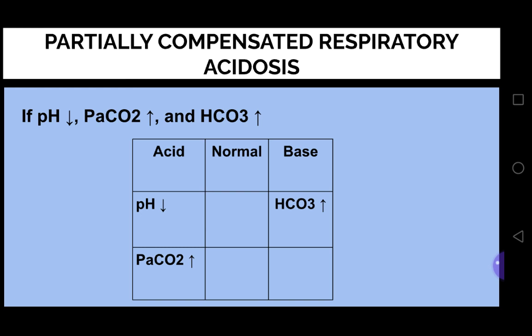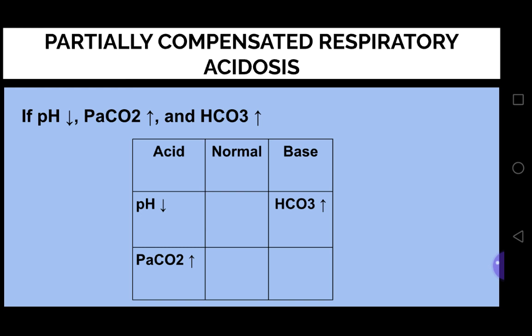Now this is compensated, but how will we know if this is partially or fully compensated? So pH is still below normal, so it is partially compensated. This compensation has not yet brought the pH to normal, so this is partially compensated.